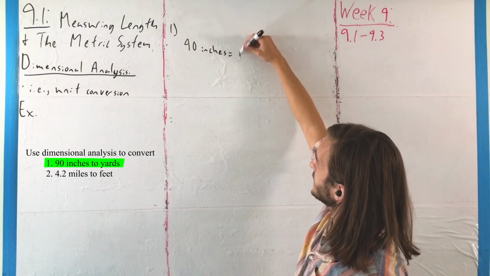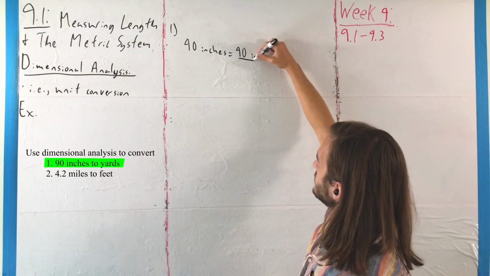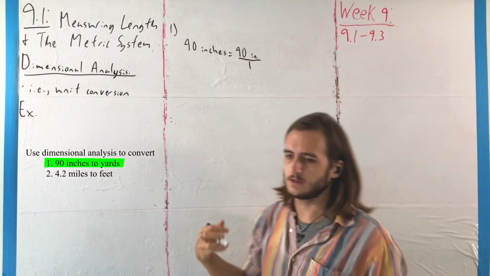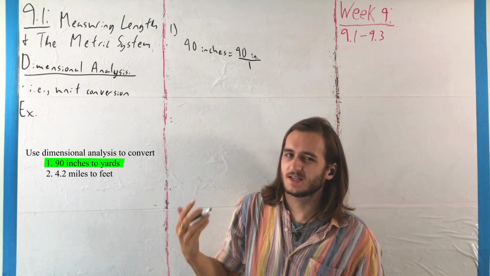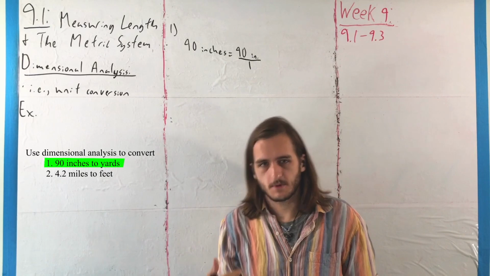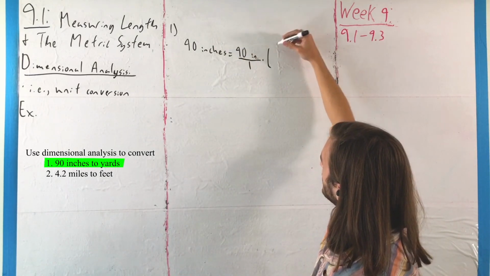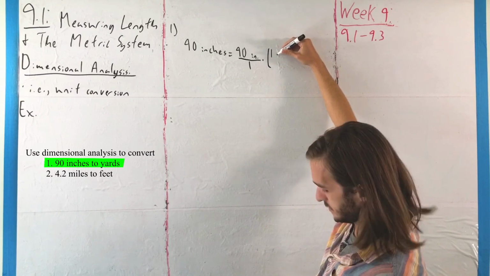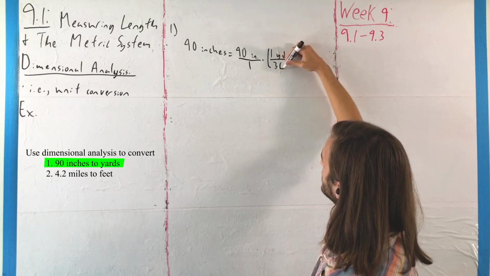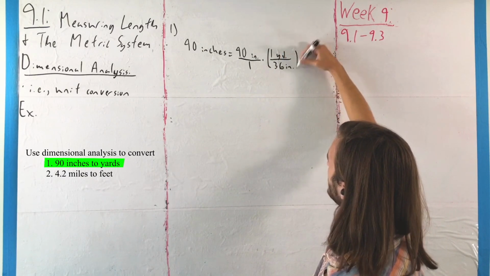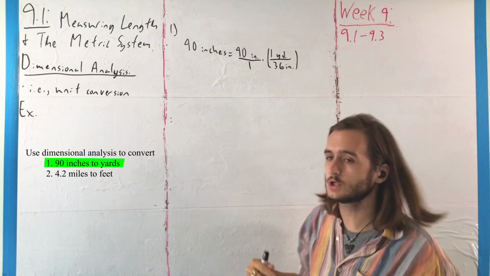So we'll take that 90 inches, I'm going to abbreviate 90 in, and we're going to divide it by 1 just for the sake of having that fraction there. People like multiplying by fractions with that thing in there. It doesn't actually do anything, but it cleans up our notation just a tiny bit. And we're going to multiply this by 1 yard over 36 inches, and we're doing that because for every yard, you have 36 inches.